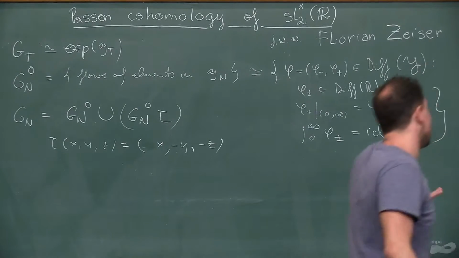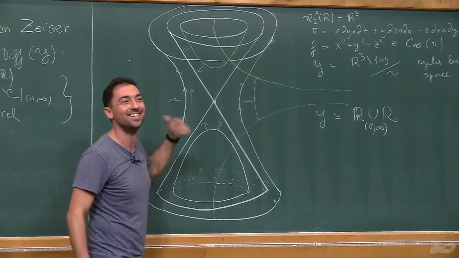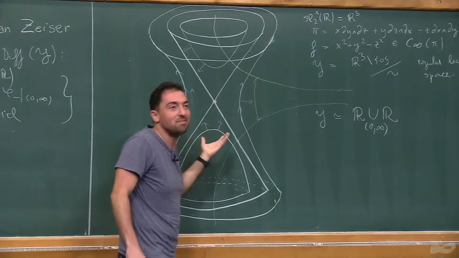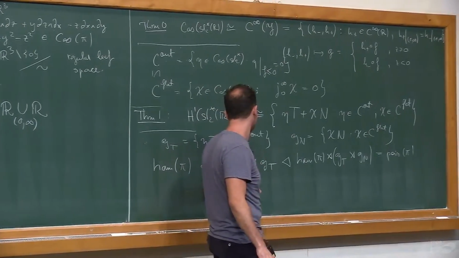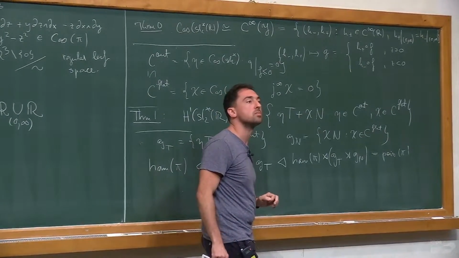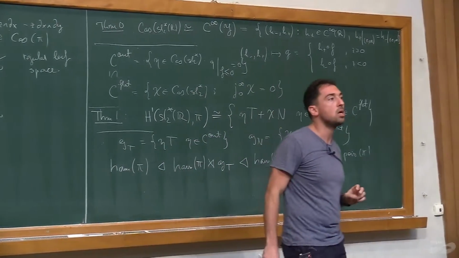Well, yes, the origin. I mean, all the craziness happens at the origin. And you can't really say much, right? If you remove the origin, those are the local Hamiltonian vector fields for the resulting regular Poisson structure.